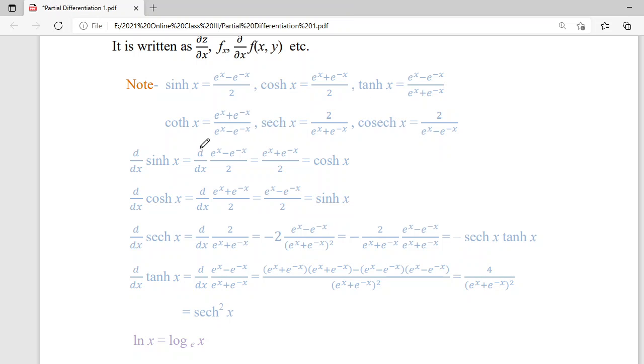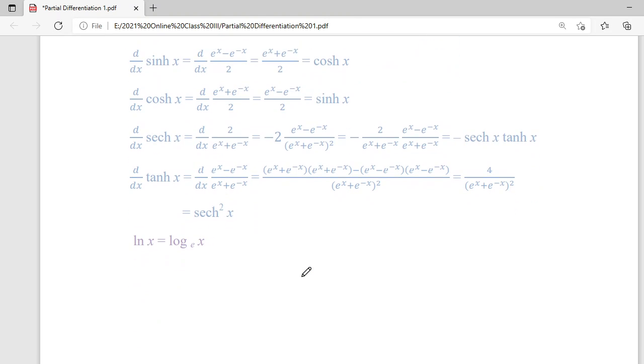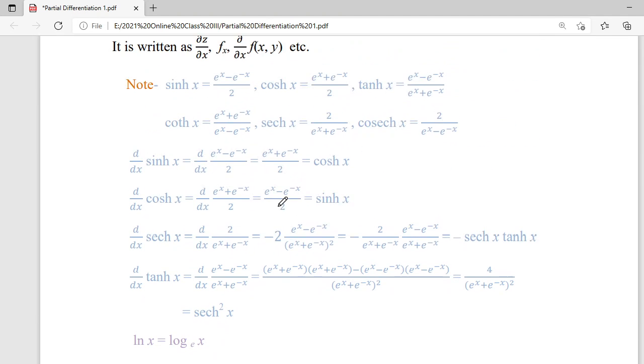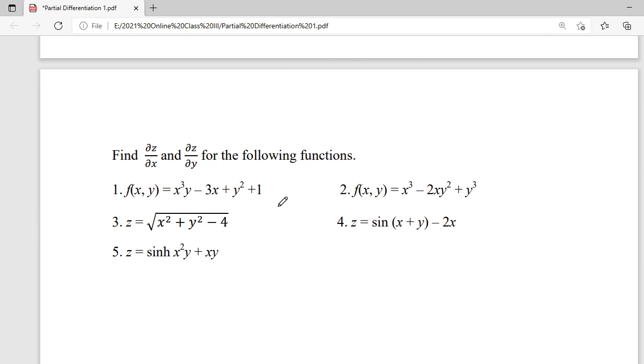Like this, tan hyperbolic x, cot hyperbolic x, sec hyperbolic x, cosec hyperbolic x, etc. And these are the derivatives: d/dx of sine hyperbolic x is cos hyperbolic x, d/dx of cos hyperbolic x is sine hyperbolic x, etc. You can see these things, and you will need them later. You have to remember these things.